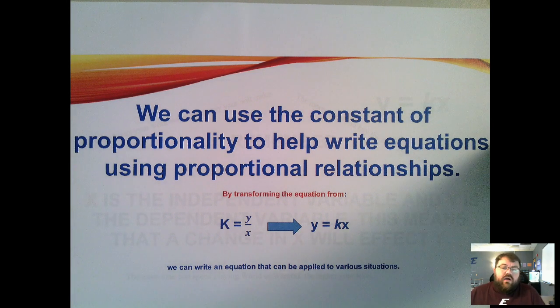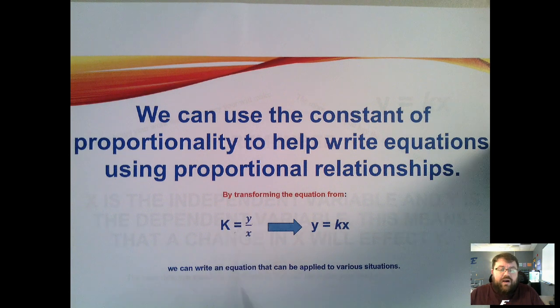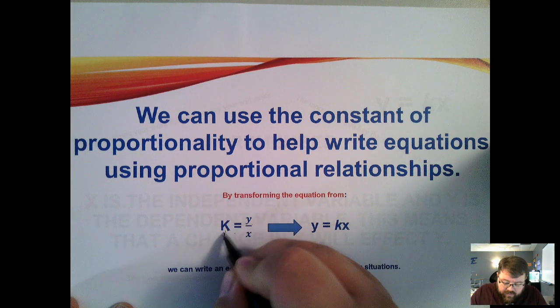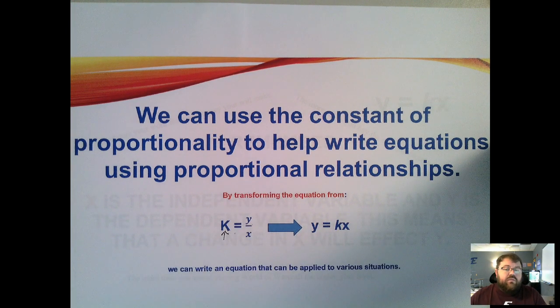So when we talk about the constant of proportionality, we talked about k is equal to y over x. And you really need to understand that this value k is your constant. Now, in the first couple of lessons, we called k our unit rate, okay?